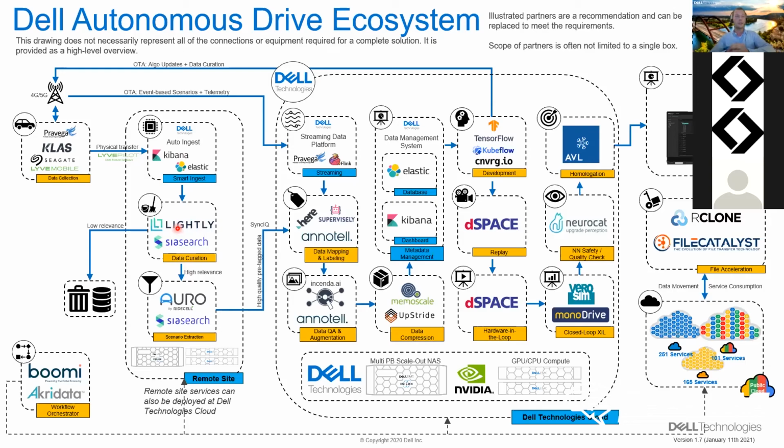And also interesting for you is the building block around scenario extraction, where we are trying to extract interesting scenes out of the image, such as an unprotected left turn, an unprotected right turn, cars in a tunnel or in a roundabout. So interesting corner cases and edge scenarios that are needed at a later stage of the development workflow to train the algorithms.